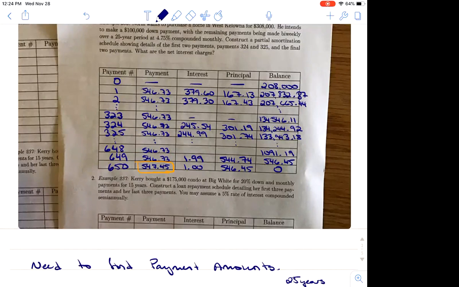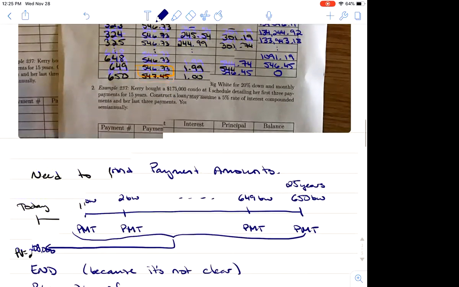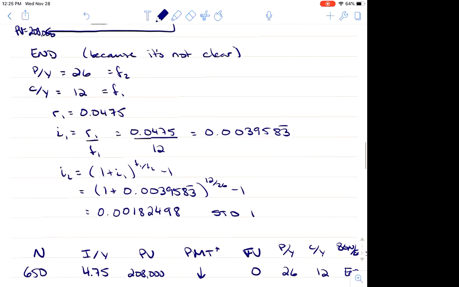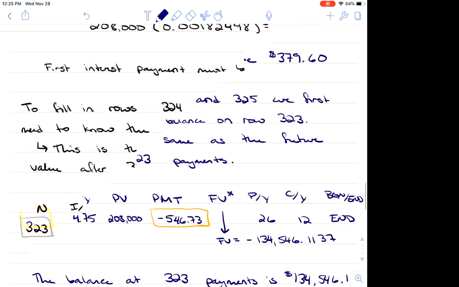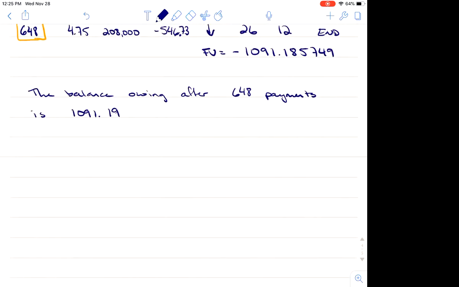So we can figure out how much we paid in total. And we know how much we were owing. So the difference between how much we paid and how much we owed, that's how much interest we paid. So how much did Norm pay in interest?